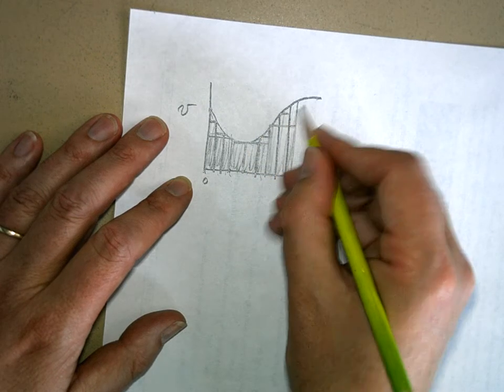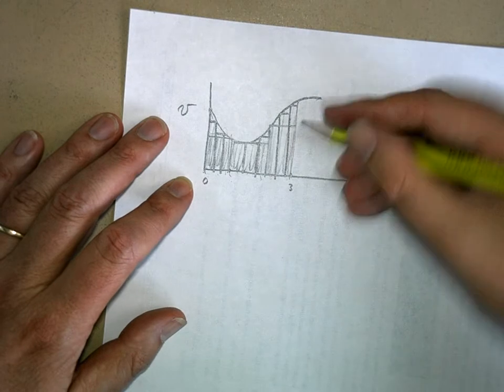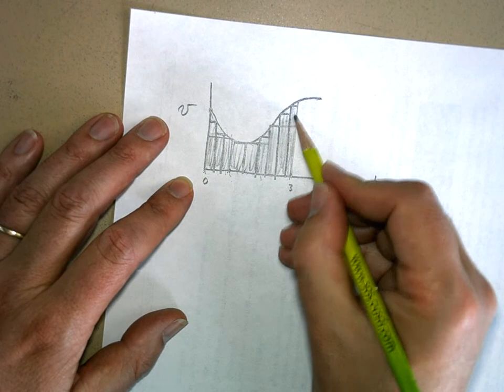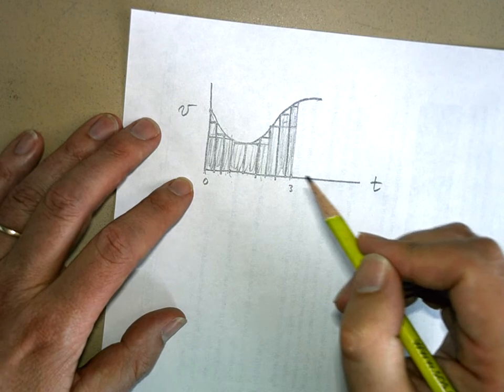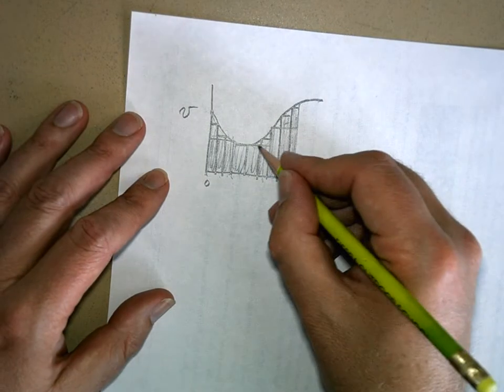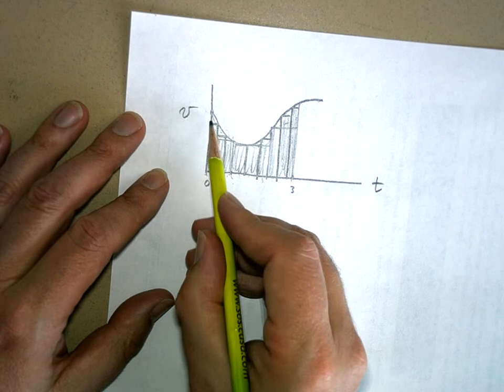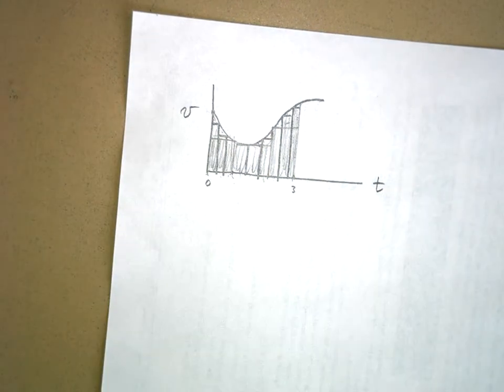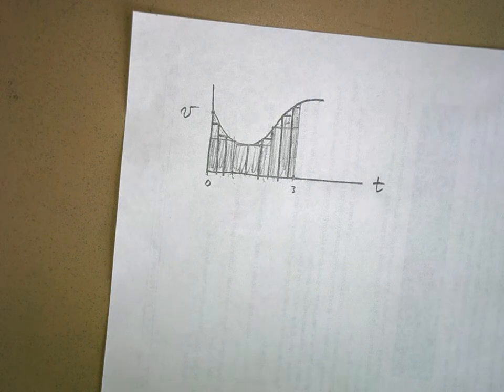Notice that when I add up the area of this rectangle and this rectangle, I'm including some of the area I didn't include before. I have less error. I'm still missing a little bit of area, but not nearly as much.